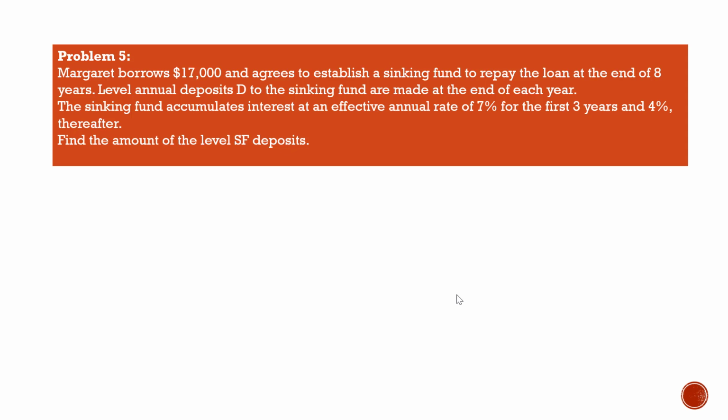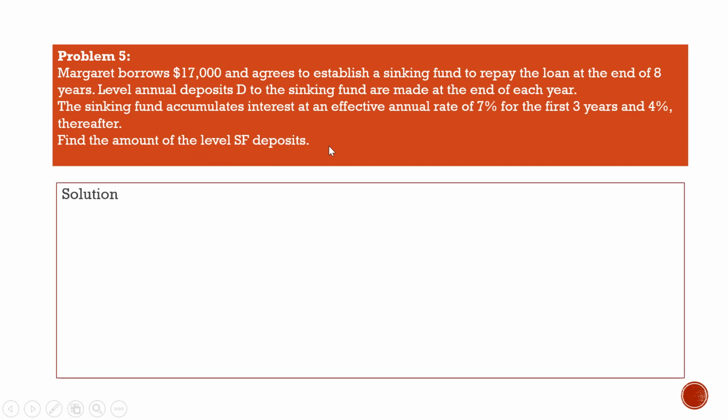Find the amount of the level SF deposits. Here the question is not asking about the annual periodic payment, but the level SF deposit payment. So let's say D is the level annual deposit to the sinking fund. Then D is deposited at the end of each year.